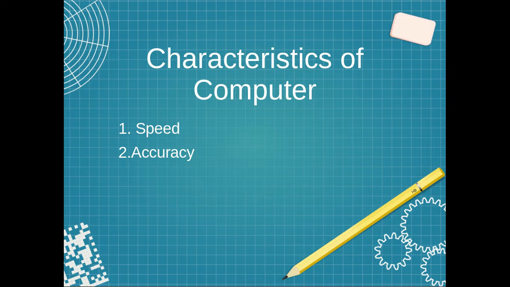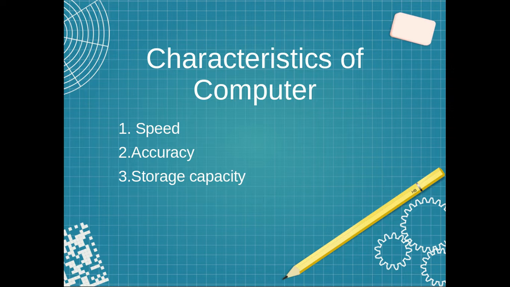Next, coming to the third characteristic of computer. The third characteristic of computer is the storage capacity. We all know that we can store large files in computer very easily. The memory of computer is very large to accommodate all this amount of data and software in it.